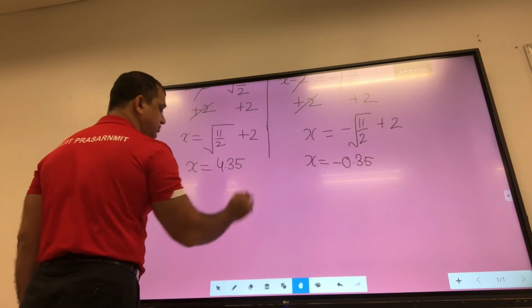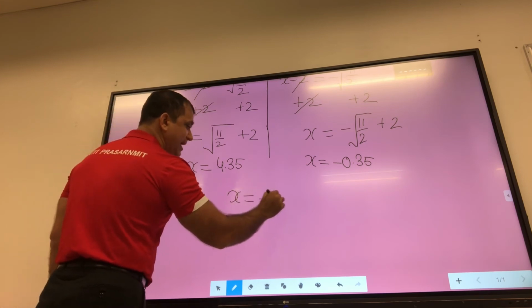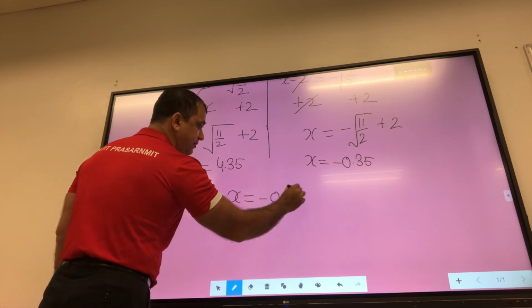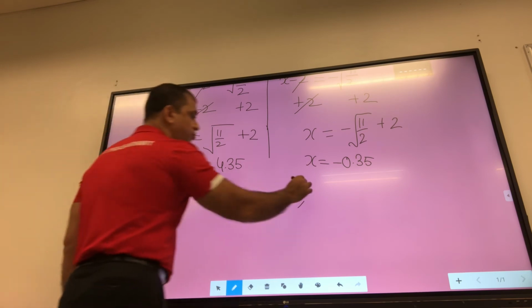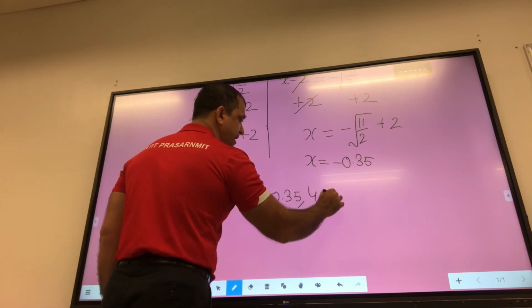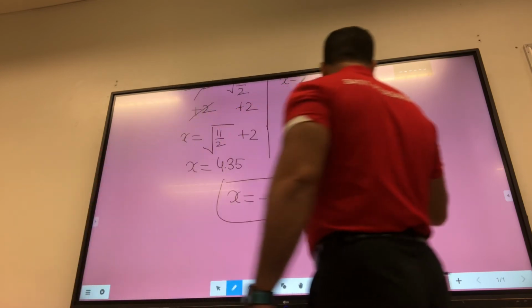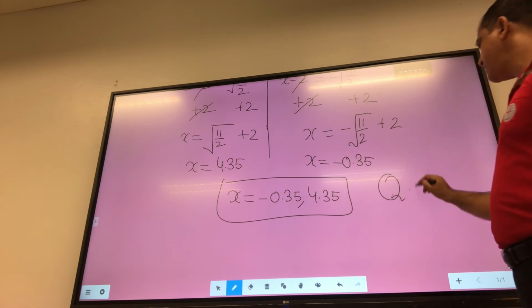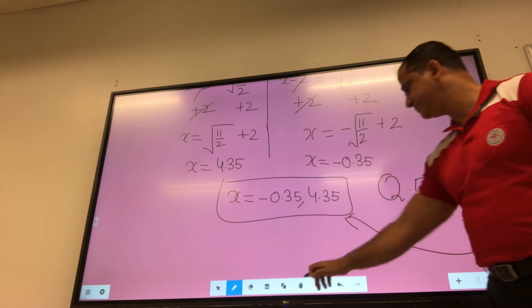So I conclude we got the answer already. x is equal to negative 0.35 and 4.35. One answer is negative, one is positive. It was a quadratic equation, we should have 2 solutions, right? And these 2 solutions are over here.